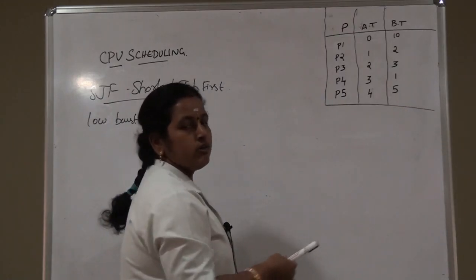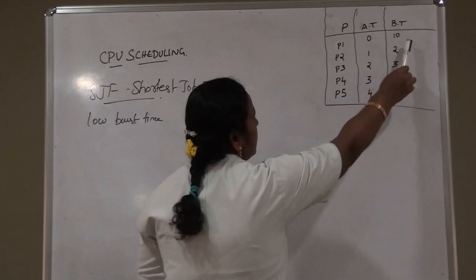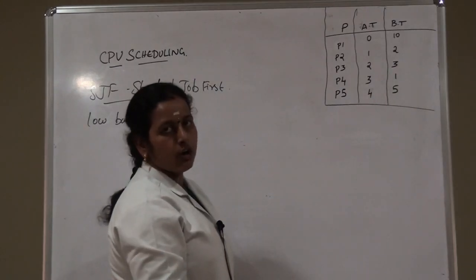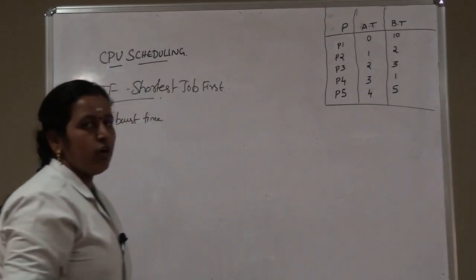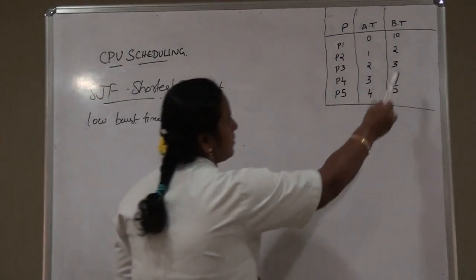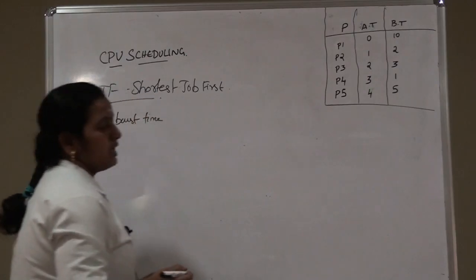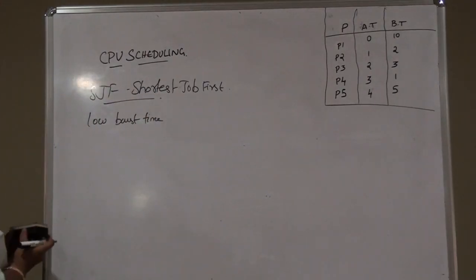The other processes with lesser burst time must wait for a long time. To overcome that, we go for SJF. Here the process with the least burst time is taken first and executed.